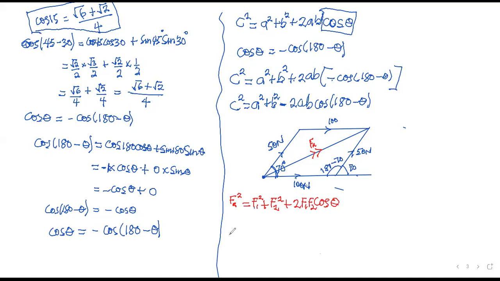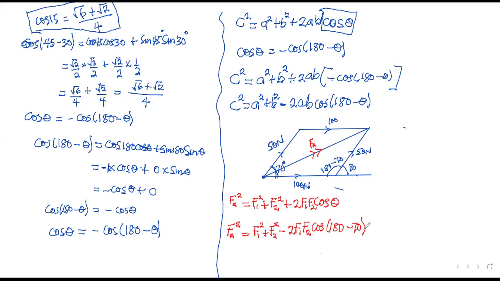We can also get the same result when we use the corresponding obtuse angle, which in this case will be F1 squared plus F2 squared minus 2 times F1 times F2 times the cosine of the corresponding obtuse angle, which is 180 minus 70.